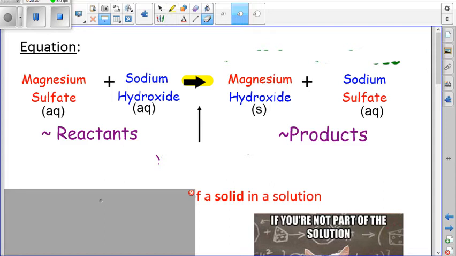And it's all about where the big arrow is. That big arrow itself is called a yield sign. And you can basically think of it as the words "to produce." Or you can think of it as sort of chemistry's equal sign. So like in math, you have blah, blah, blah plus blah, blah, blah equals blah, blah, blah plus blah, blah, blah.